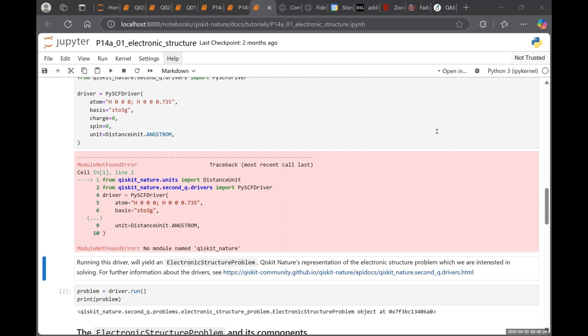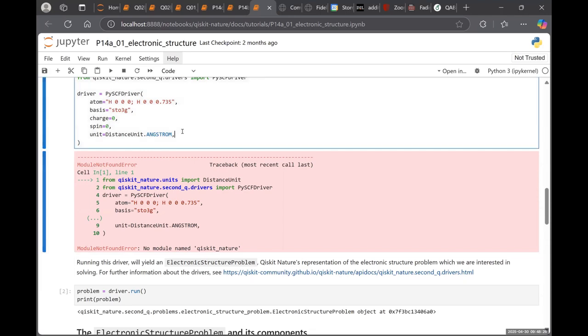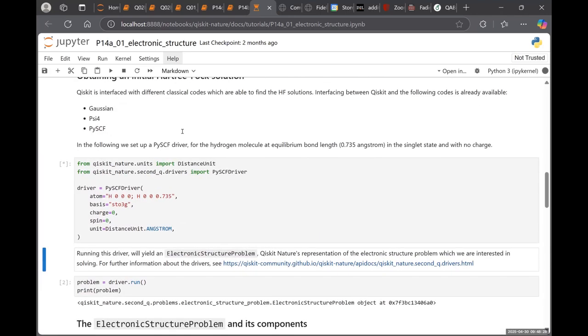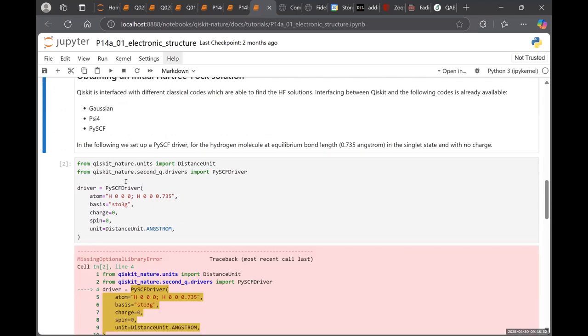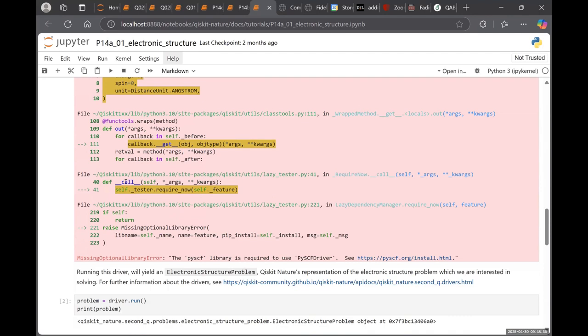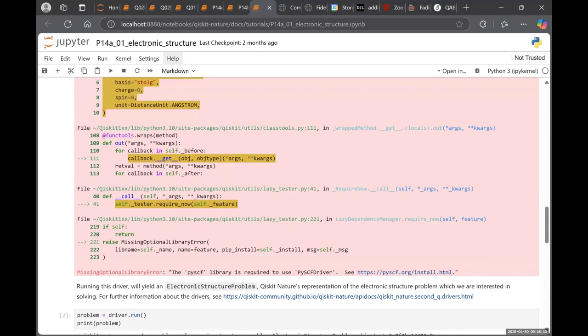Okay, let me run again. Oh, we also need PySCF, so we need to install that. Maybe we could just do pip install pyscf.